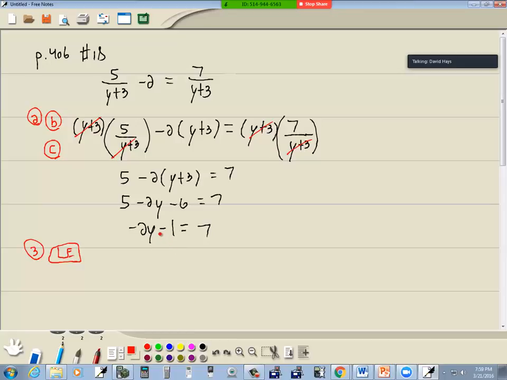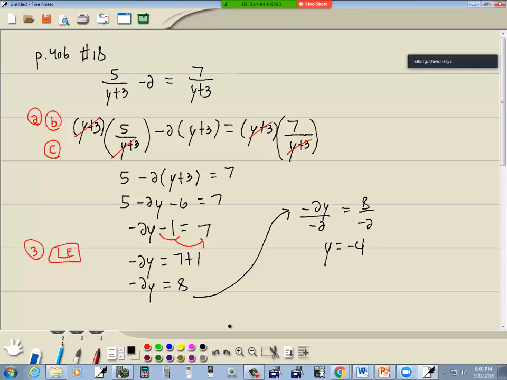Third step was to get everything with a y on one side, numbers on the other side. So I'll take -1 over, and it becomes a positive 1. And 7 plus 1 is 8. And then our last step of solving a linear equation is to divide both sides by a number in front of your y. So divide both sides by -2.